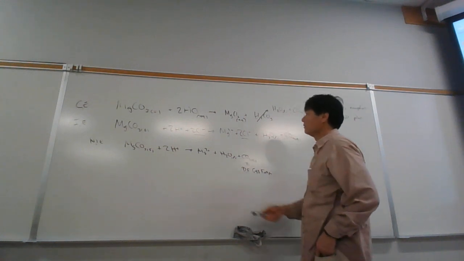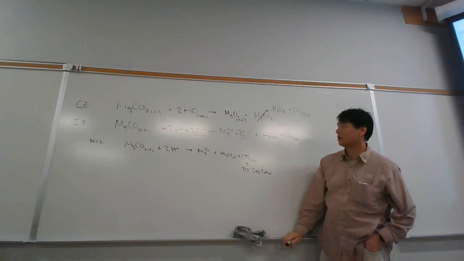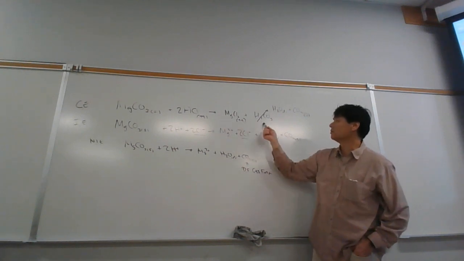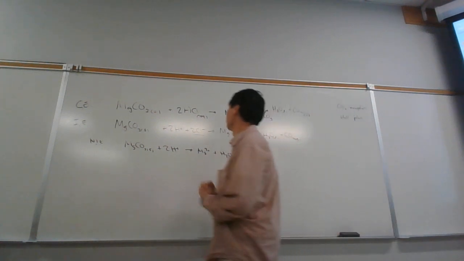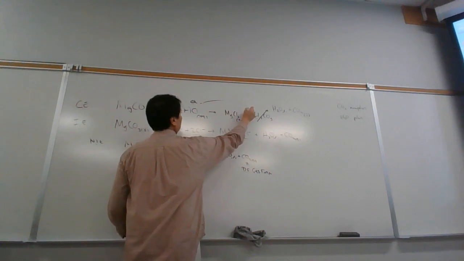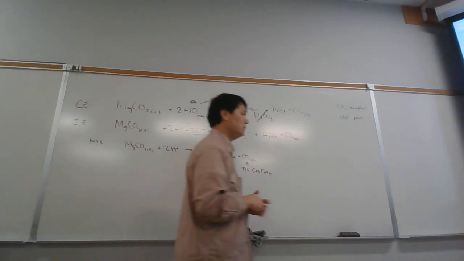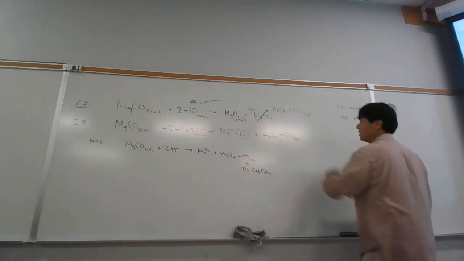There's also another driving force, and that is HCl going to carbonic acid. Carbonic acid is a much weaker acid than HCl. And so we're going from stronger acid to weaker acid as well. Even though the weaker acid decomposes, it turns out that CO2 is acidic as well.